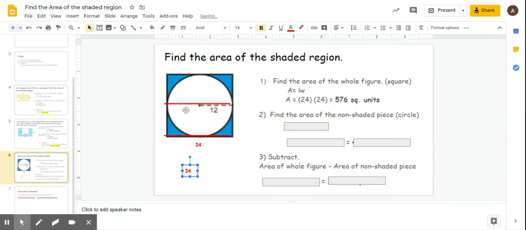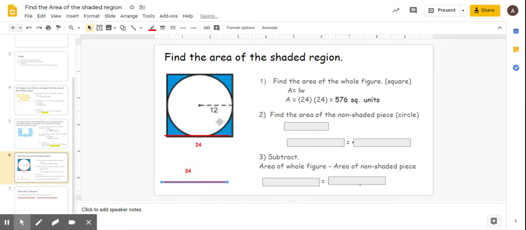So the non-shaded piece, which is a circle, the area for a circle is pi r squared, right? So we would do 3.14 times the radius, which is 12, times the radius, which is 12, or 12 squared. And that ends up getting us 452.16 square units.